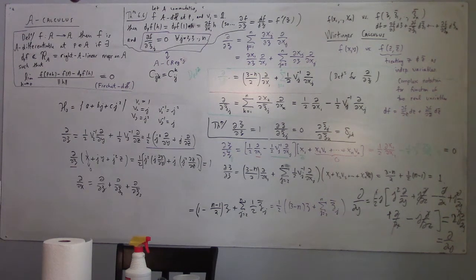If you want to find a function which is not differentiable with respect to the algebra, and you know about the conjugate variables, a simple choice is just f of zeta equal to zeta bar 2. For example, in complex analysis, an example which is often given for a function which is not complex differentiable is f of z equal to z bar, the standard example, because it doesn't satisfy the Cauchy-Riemann equations.